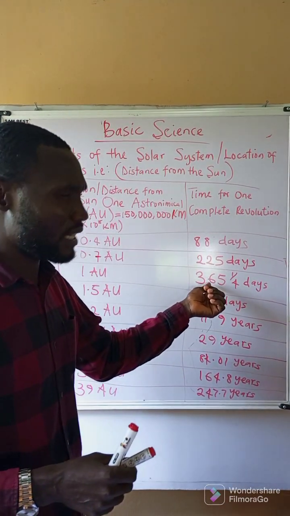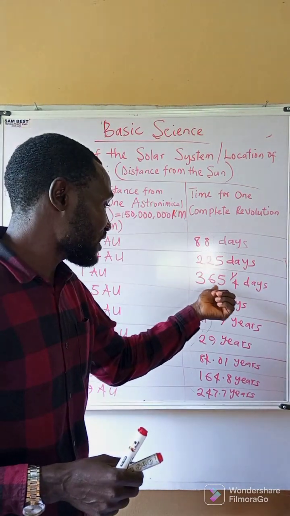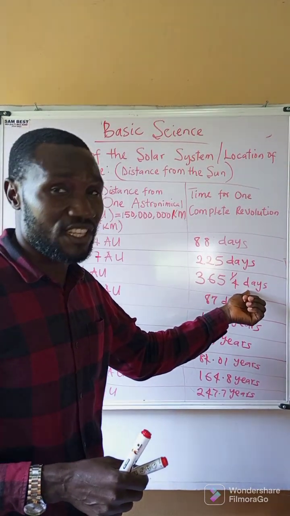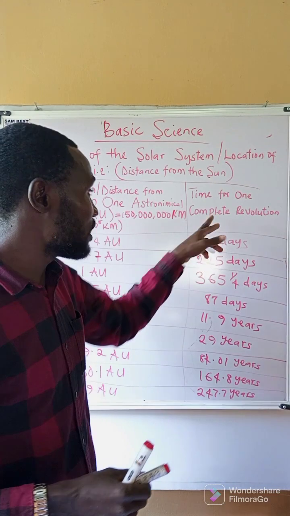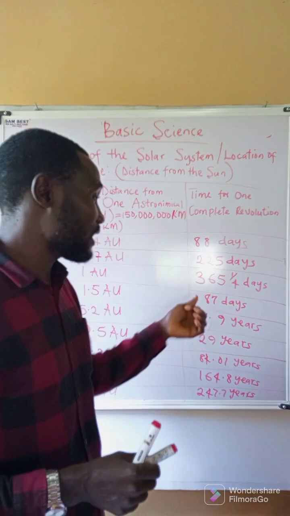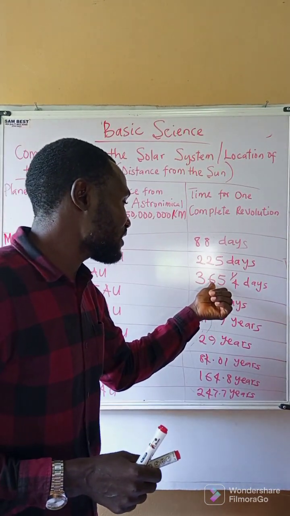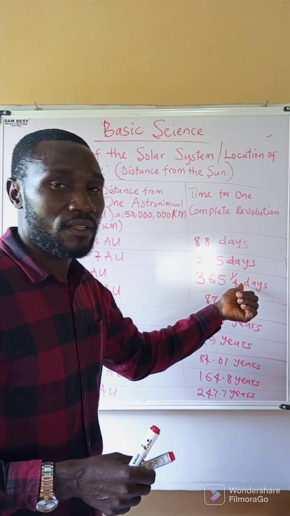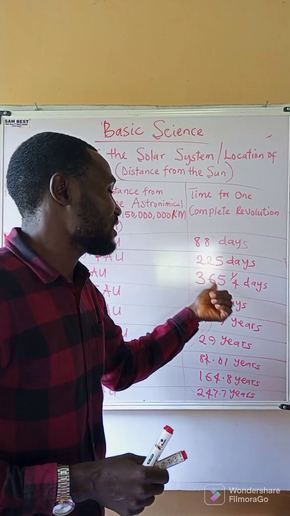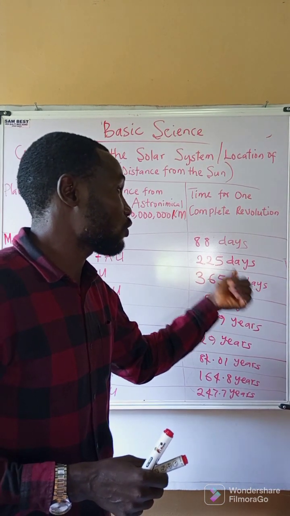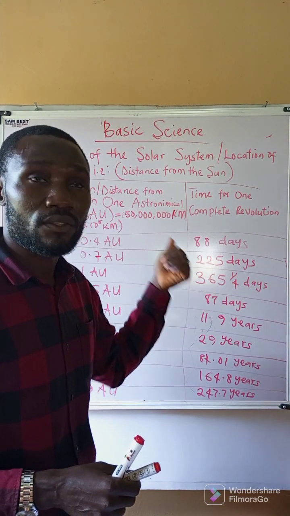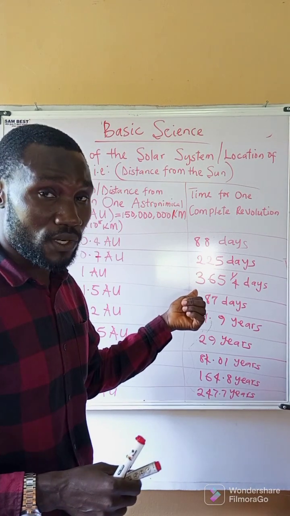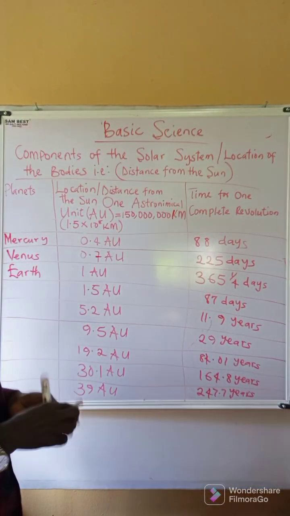I think you must have heard it: 365 1/4 days. What did I say? 365 1/4 days. The Earth takes 365 1/4 days to complete one revolution. Do you understand? Okay, good.